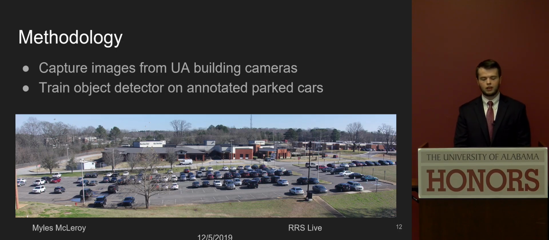Once you've labeled these vehicles and you train your neural network, it can detect the objects in real time once it understands what the cars look like. It understands what a busy parking space looks like as opposed to a free parking space. So in this way, we can train our model, and it will be able to detect parked vehicles in any parking lot, as long as we have enough variety of data.